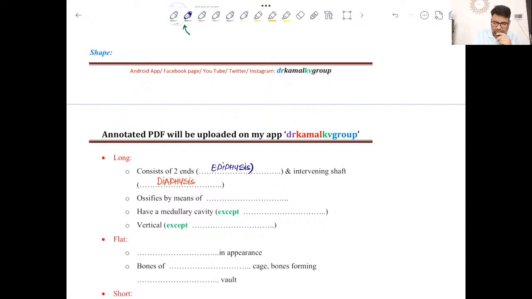And the majority of the long bones ossify by means of a cartilaginous model, except clavicle, right? Clavicle is a long bone, but it does not ossify from a cartilaginous model.